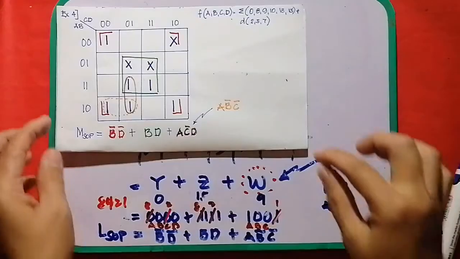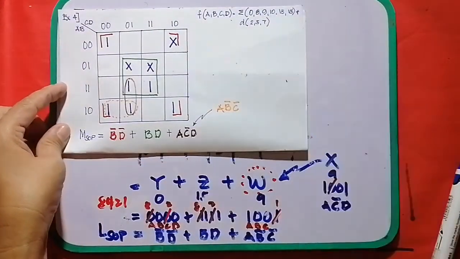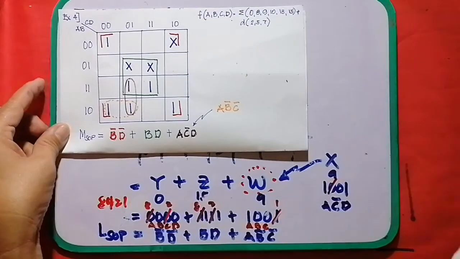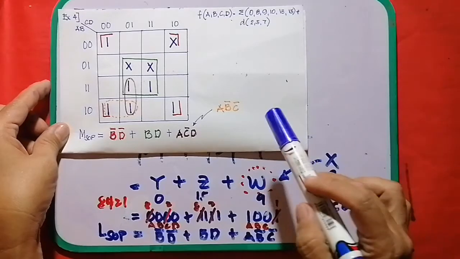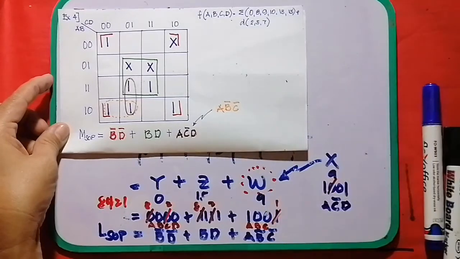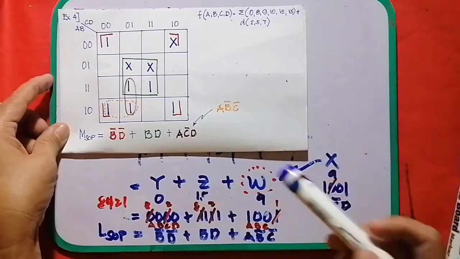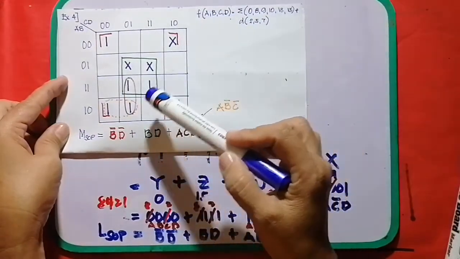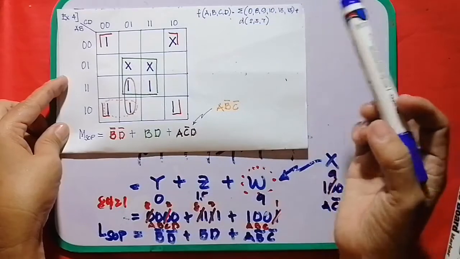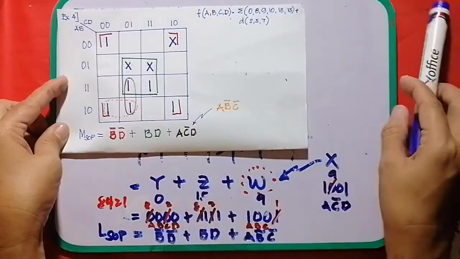Okay. If we are going to compare it with our K-map, both SOPs are the same. So, we have here two groups of 4 and then one group of 2.